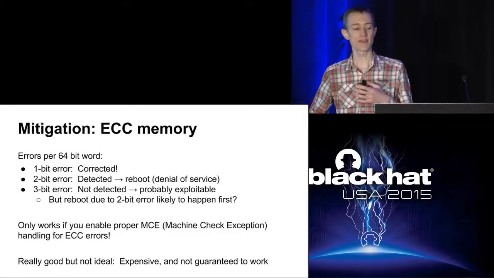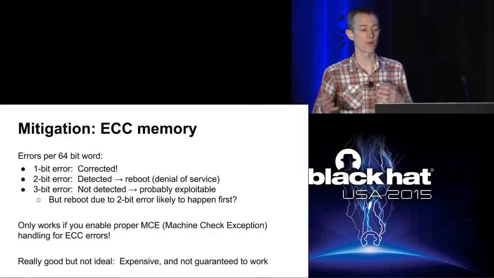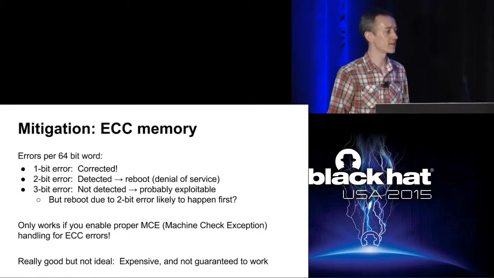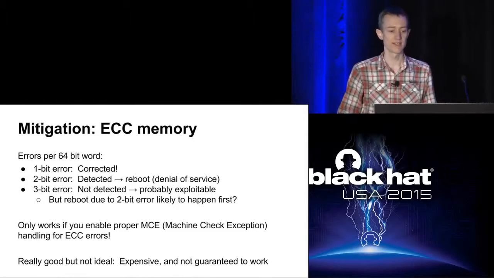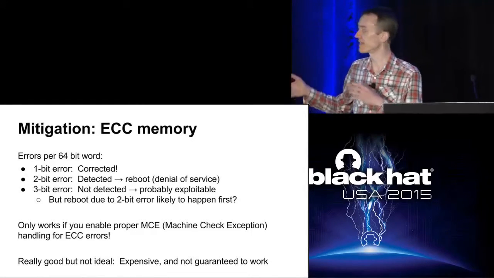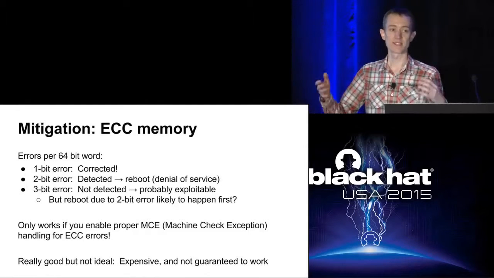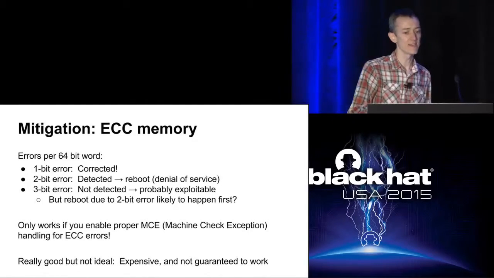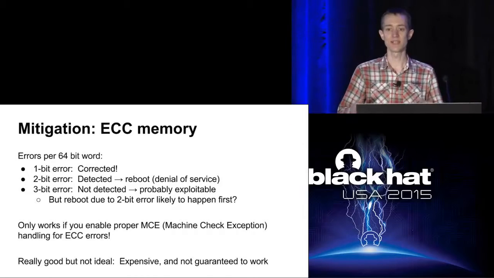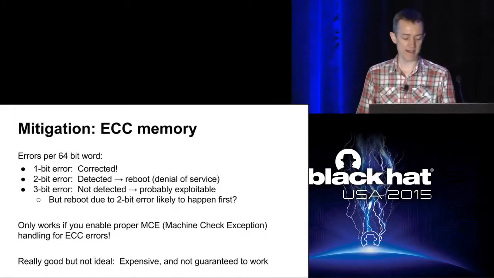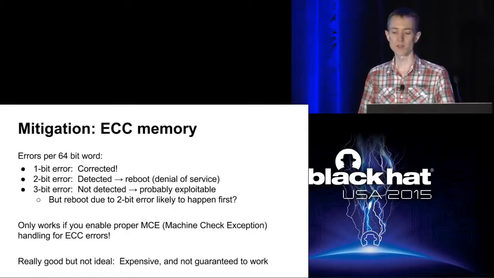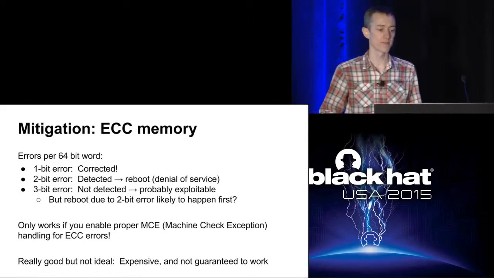ECC can correct some errors, but not all of them. It usually depends on how many bit errors you get per 64-bit word. So if you get 1 error, ECC can correct that. If you get 2, ECC can detect it, but it can't correct it, and that usually leads to a reboot. But if you get 3 errors, ECC can't even detect that, and those errors will be visible to software.